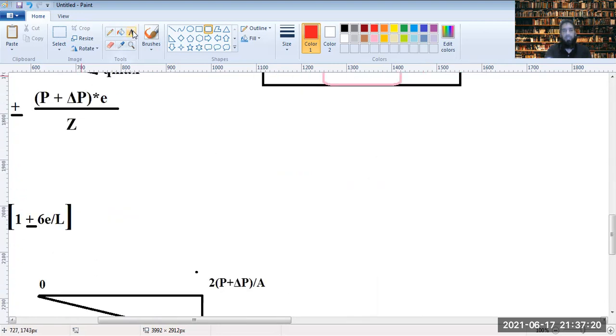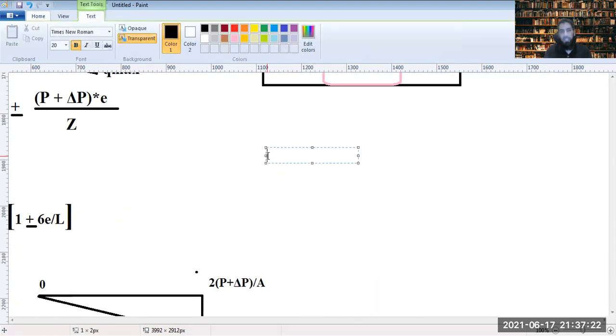So this is step number two. Then we go to step number three, wherein, once we have determined the thickness, now we could go for the check of the base shear.